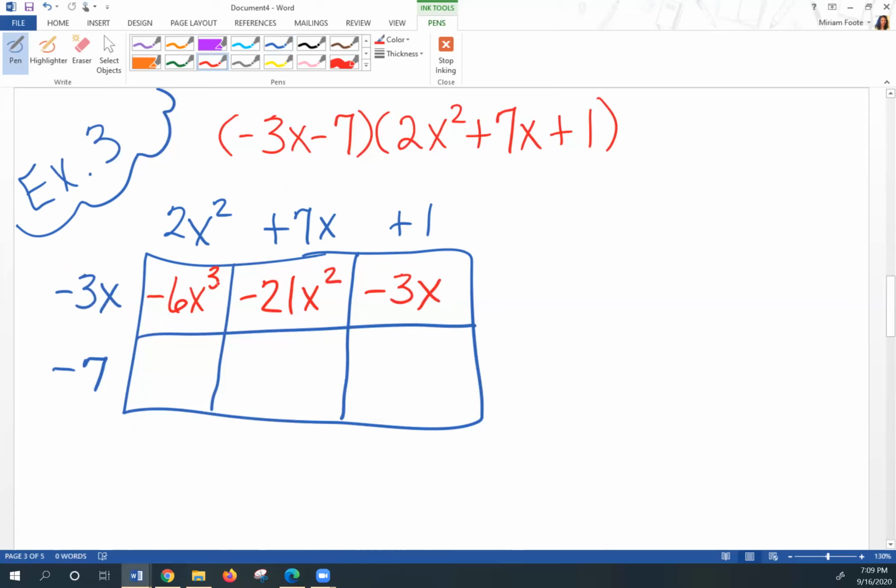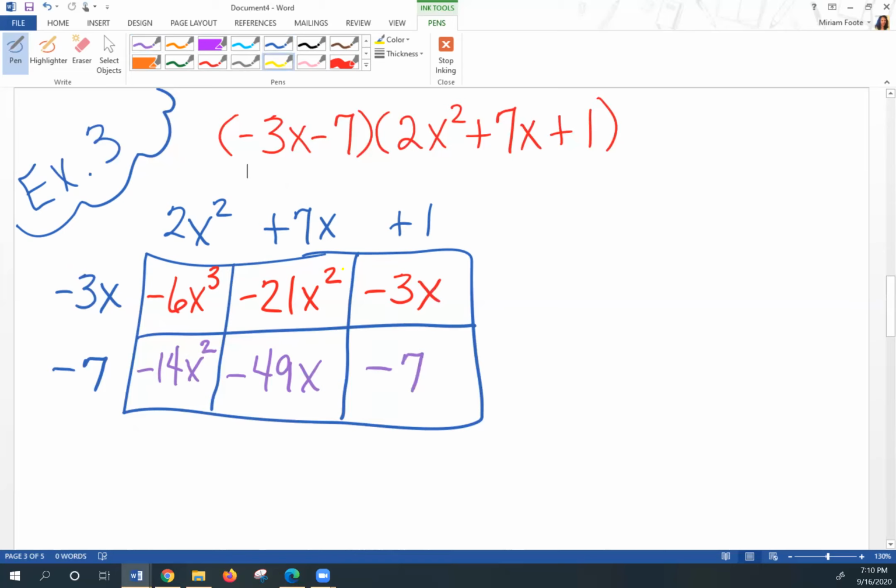And see the pattern? 3, 2, 1. Now if I go to the next row, negative 7 times 2x squared, negative 14x squared. Negative 7 times 7x is negative 49x. Negative 7 times positive 1, negative 7. Again, this is not always true, but most times it is.